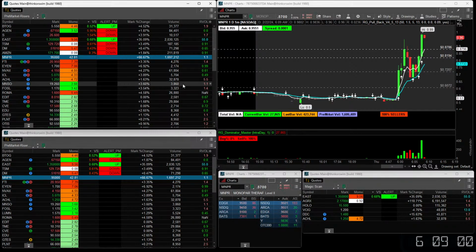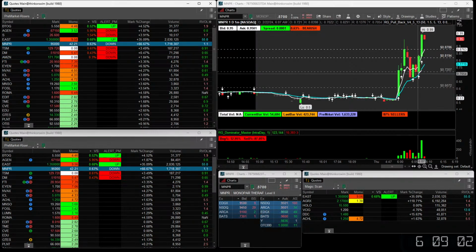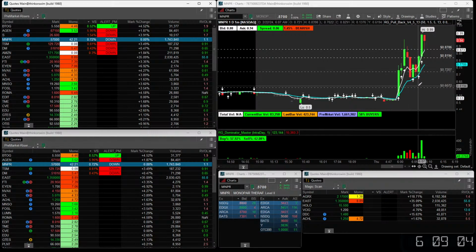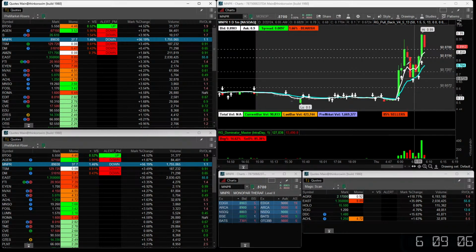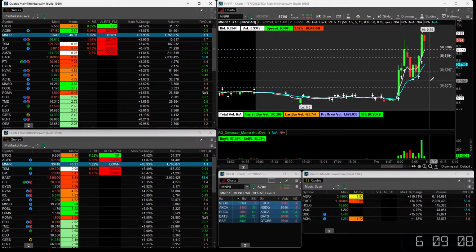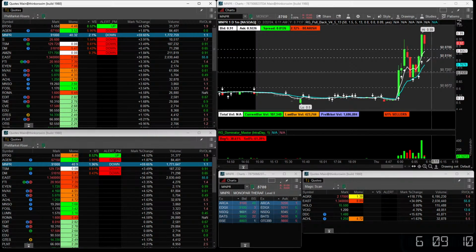MNPR, nice gains off of that bottom bounce down here. This was kind of far back for a pullback. It was more or less take profits, let's get out of here. And then other investors found it and drove it back up.